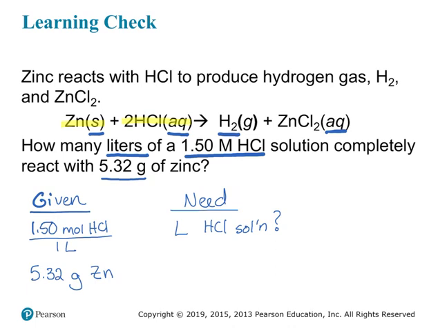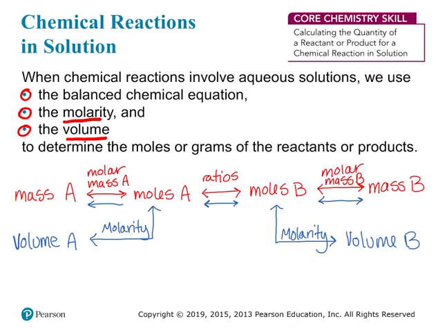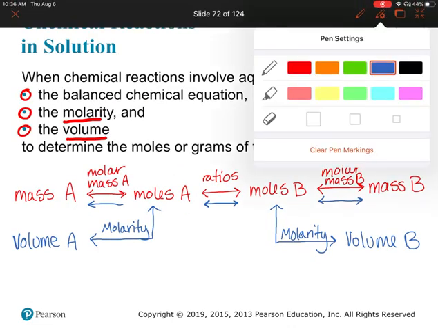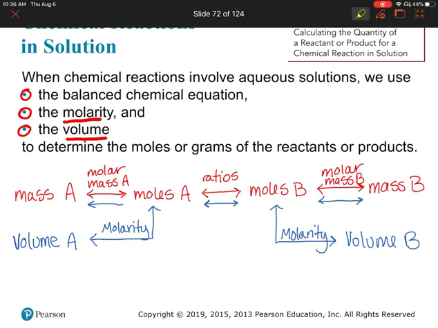So what we probably want to do is write out a flow chart. If we go back, we're starting with a mass of zinc, so that means we're starting here on our flow chart. Then we need to figure out what our endpoint is.